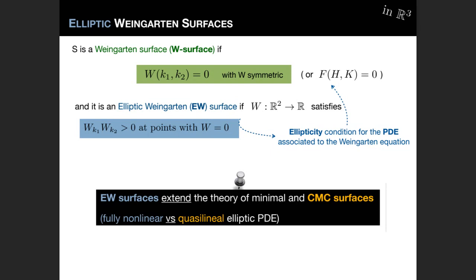While in this more general setting of elliptic Weingarten surfaces, what we have is an underlying fully nonlinear, in general, elliptic partial differential equation. So in some sense, elliptic Weingarten surfaces represent a natural extension of the theory of constant mean curvature, including minimal surfaces.